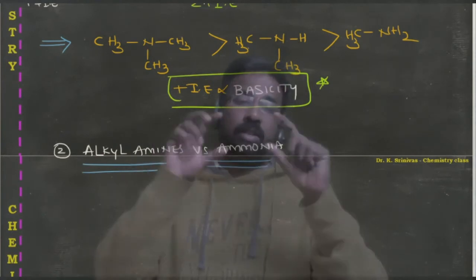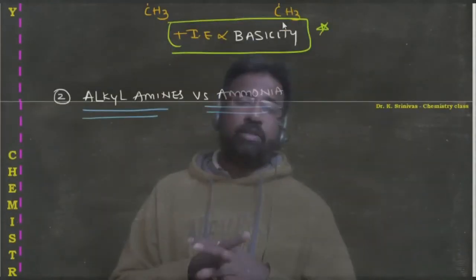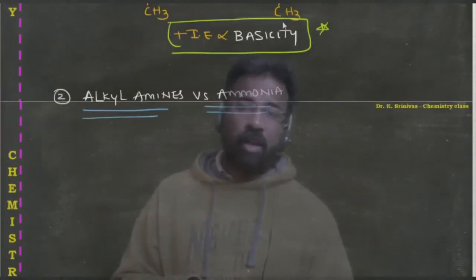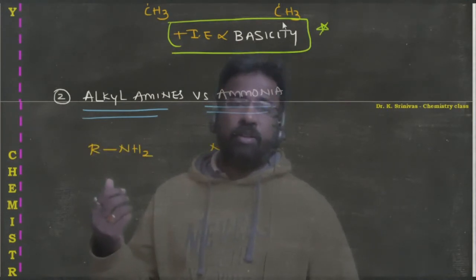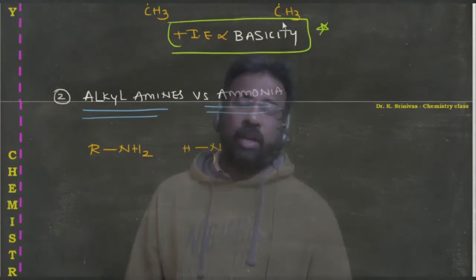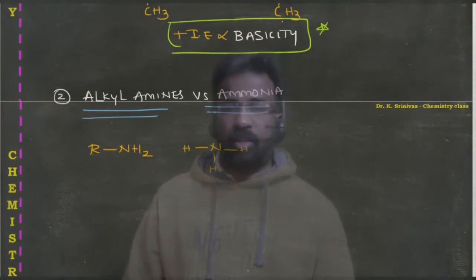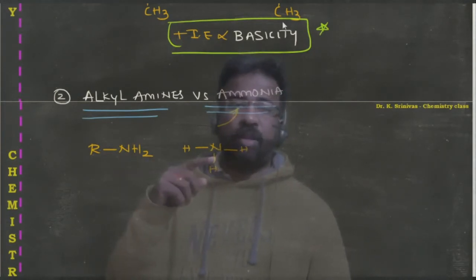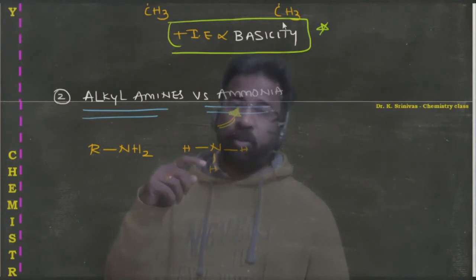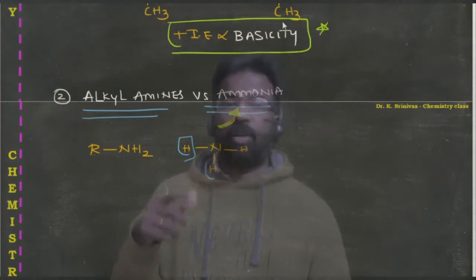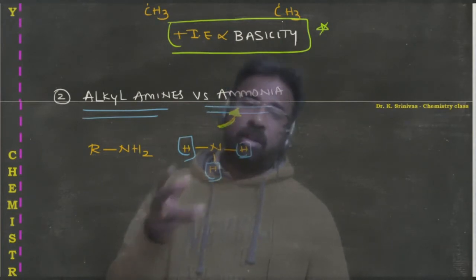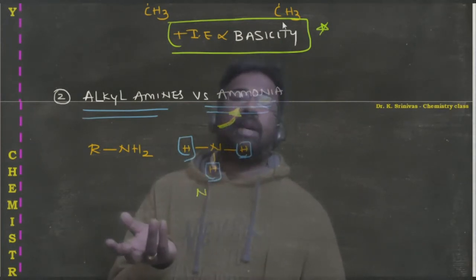Now let us check the next one: alkyl amines versus ammonia. Here we have the alkyl amine RNH2 and ammonia, NH3. If you observe carefully, in ammonia we have hydrogens only, which are neutral, meaning they have neither a plus nor a minus inductive effect.